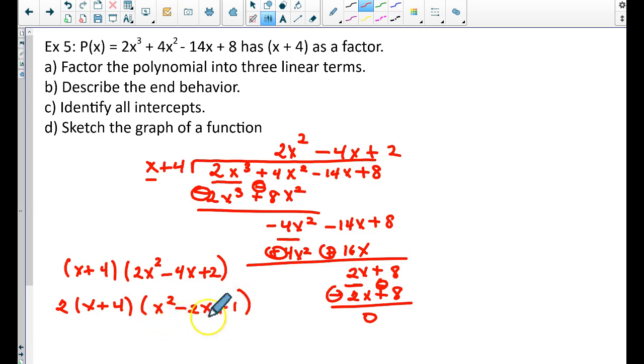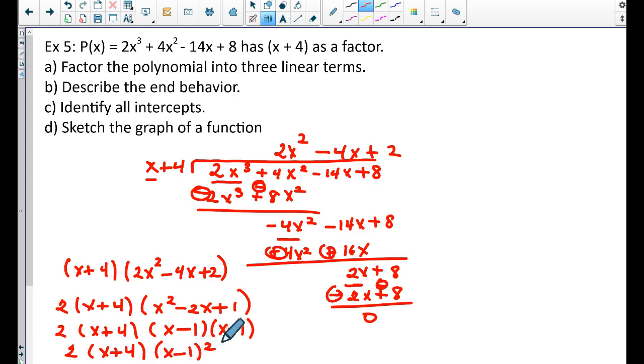But I can see that I can factor this polynomial further. Two factors that add to negative 2 and multiply out to 1 are x minus 1 times x minus 1. So this entire expression can be written as 2 times x plus 4 times x minus 1 squared.